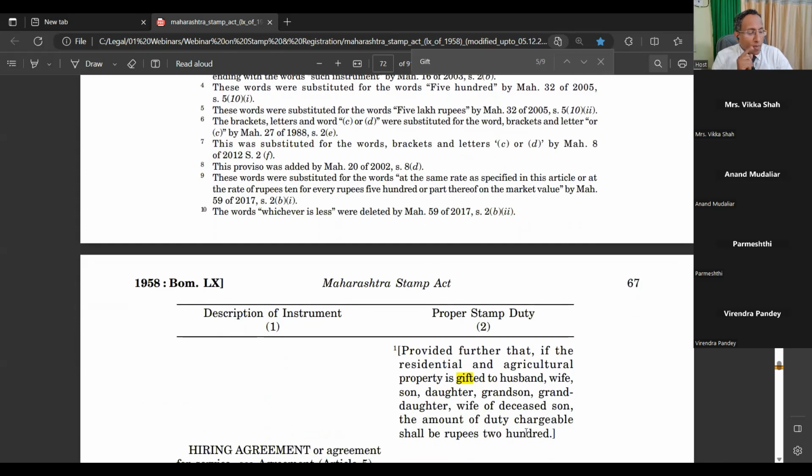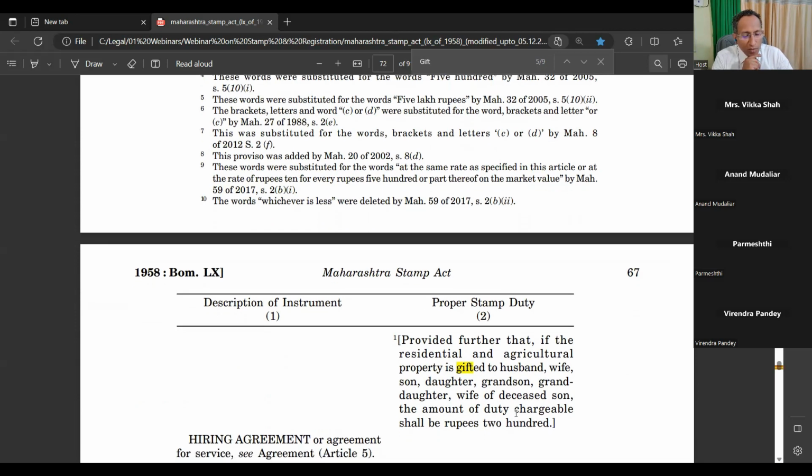But there is a further proviso: if residential and agricultural property is gifted to husband, wife, son, daughter, grandson, granddaughter, or wife of a deceased son, the amount of duty chargeable will be 200 rupees. Something was going on that they are going to increase it, but I am not aware whether it has been.